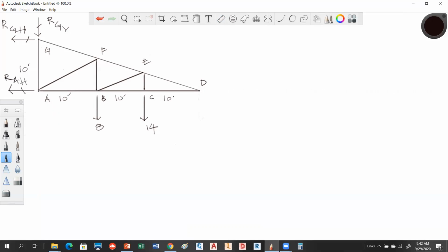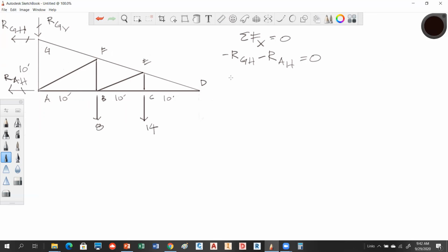Okay. All right, so let's solve the reactions. So we have sum of forces in X. In X we have minus RGH minus RAH, and that's equal to 0. So you see that's an impossibility, right? Yeah. But it doesn't matter.